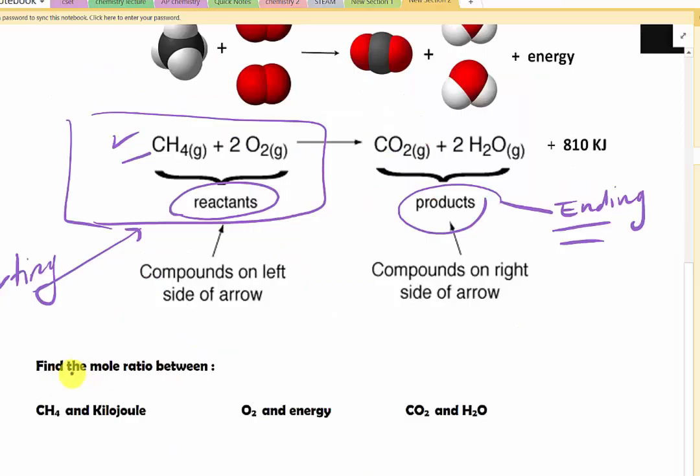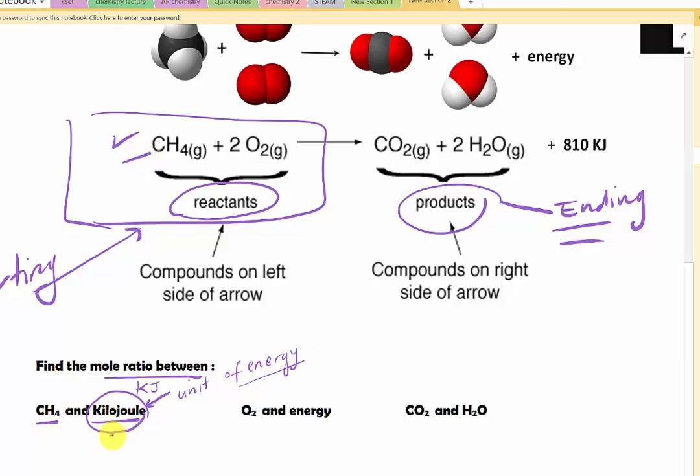For instance, find the mole ratio between multiple pairs here. Here are the conversion factors between CH4 and kilojoule. Kilojoule is a unit of energy. So every time you see kilojoule, which is represented by kJ, you know it is energy. So CH4, what's the number in front of CH4? We know it's 1.